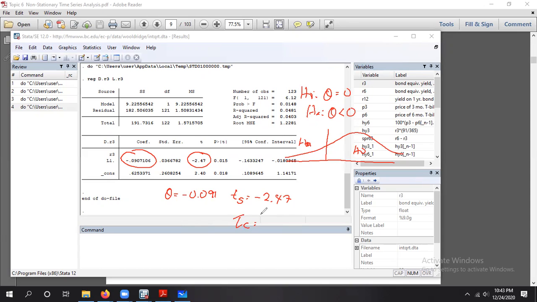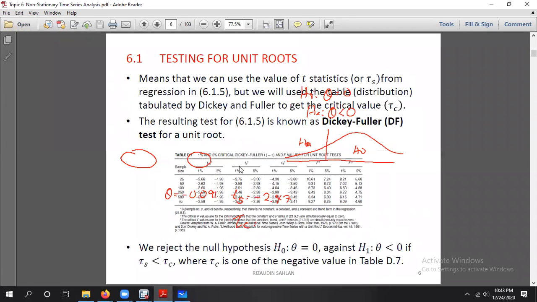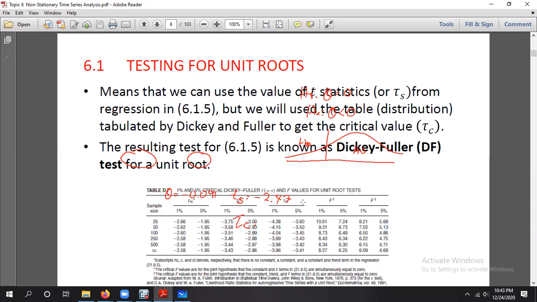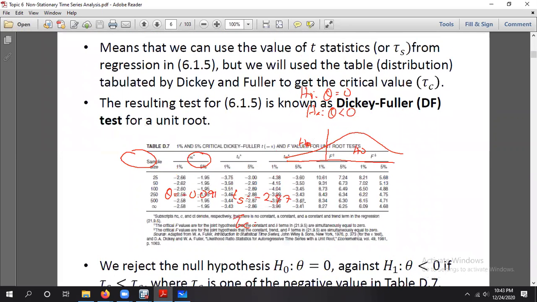The value of the tau critical, I already gave here. This is the critical Dickey-Fuller value.